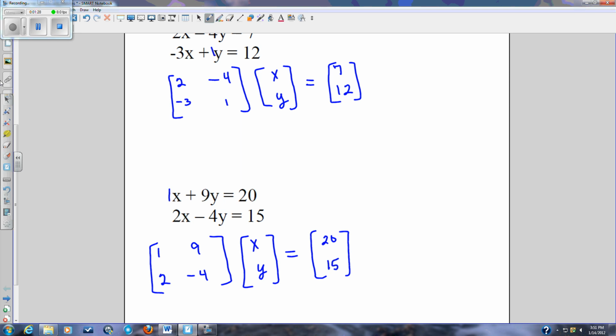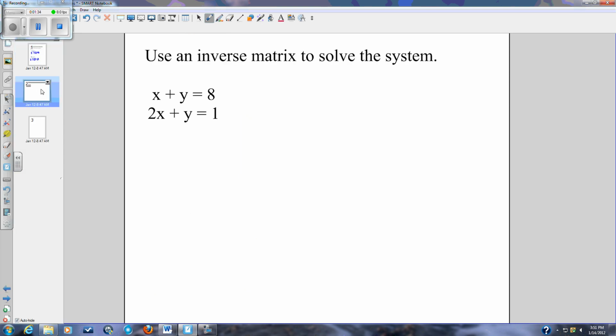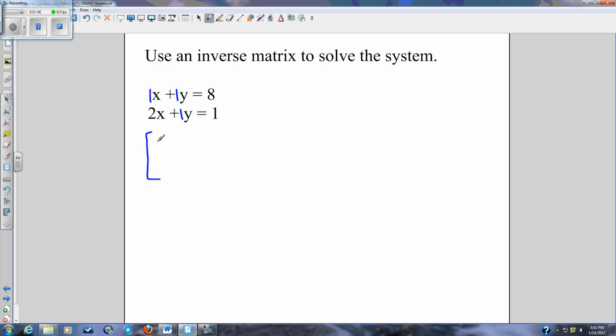Let's move on to solving an actual system. So let's start with this one. Our coefficients are 1 and 1 in front of the x and y, and 2 and 1 in the second equation. Let's set this up as a system of matrices with matrix equations.